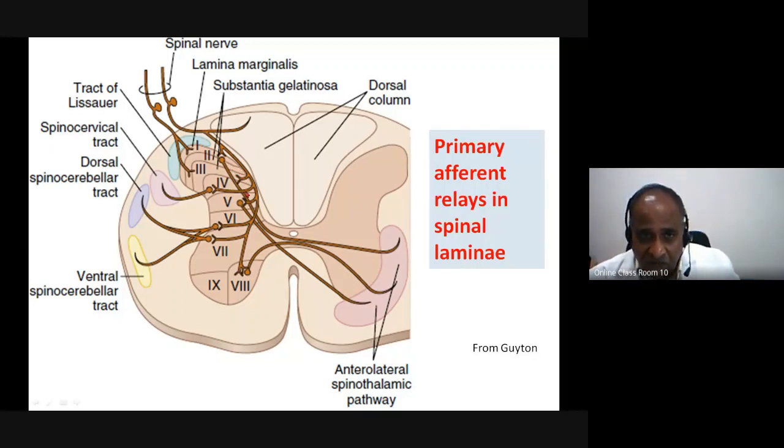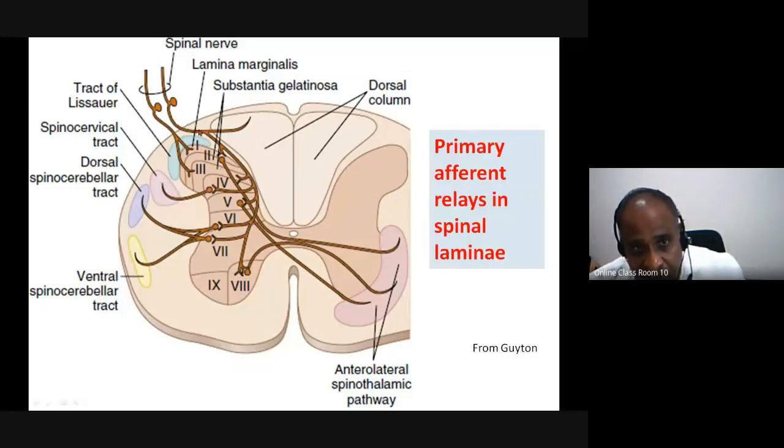And I have also mentioned that the relays are extensive, because some relays are required for the spinocervical tract, some relays are required for the posture regulation, the spinocerebellar tracts, dorsal or ventral, or some relays are necessary for the reflex, the segmental reflex activity. So these are the collaterals. You can just see that this is the primary one.